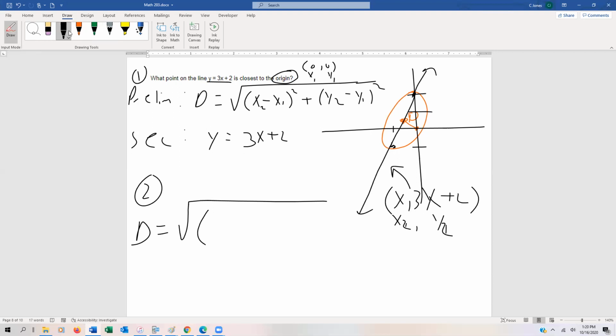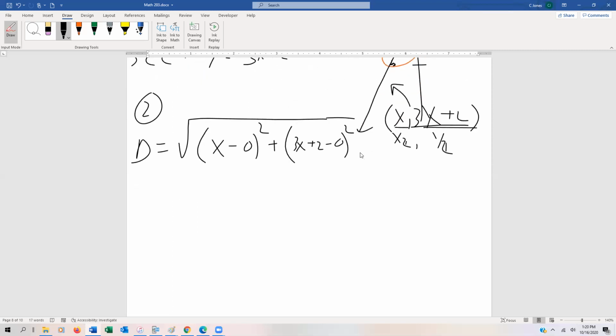So let's say x2 is x, and x1 is 0, and y2 is 3x plus 2, and 0 is going to be y1. If we wanted to simplify this, the distance d is going to be equal to the square root of x squared plus (3x plus 2) quantity squared.